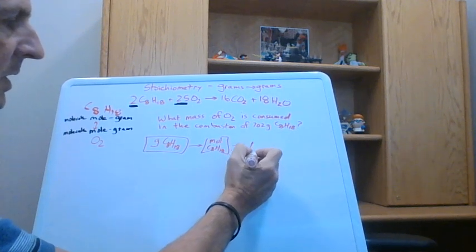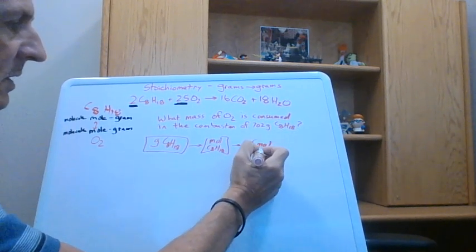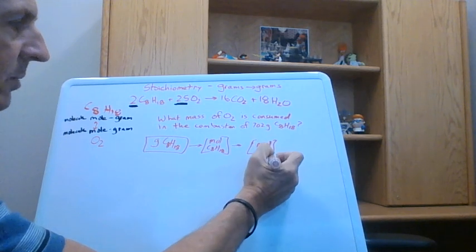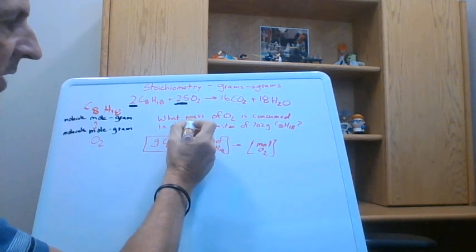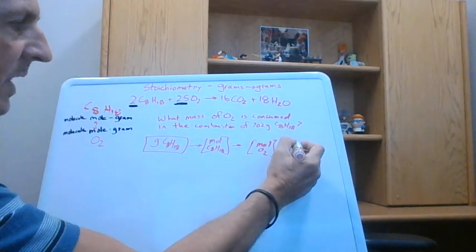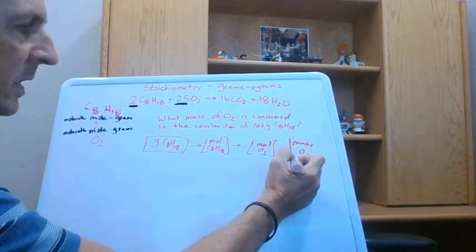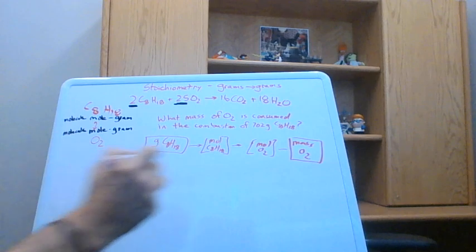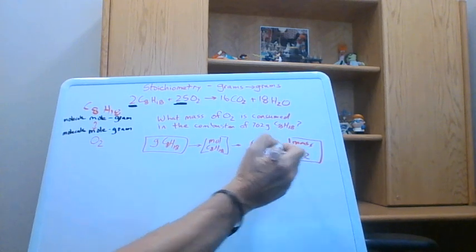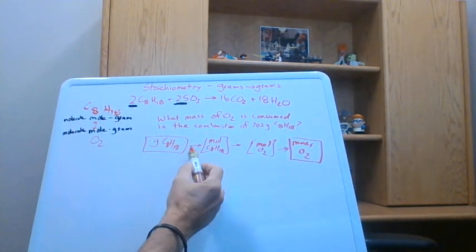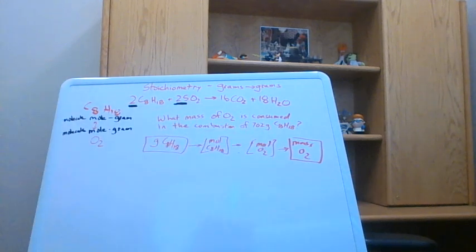So then we can go over to our moles of oxygen using our stoichiometry. Once we have moles of oxygen, we can go to mass of oxygen or grams of oxygen. Right, and so this is kind of the roadmap of how we're going to solve this problem. So you can see we're going to need 1, 2, 3 conversion factors here, right?